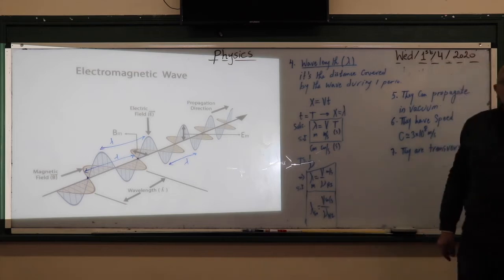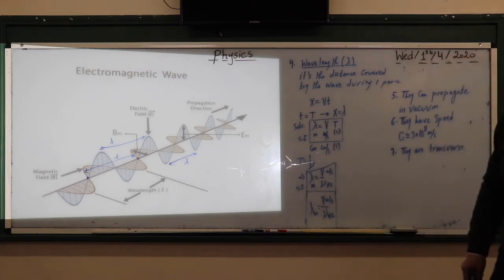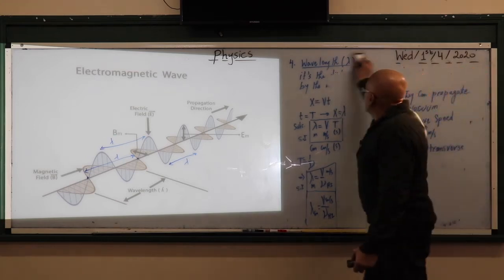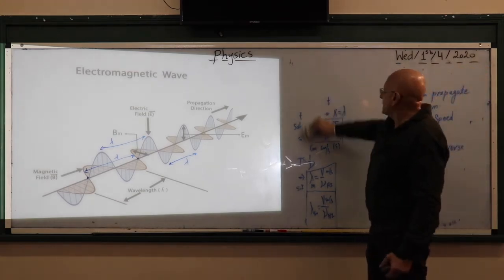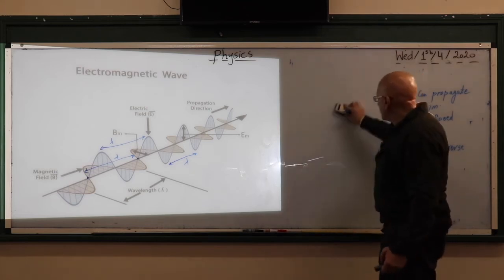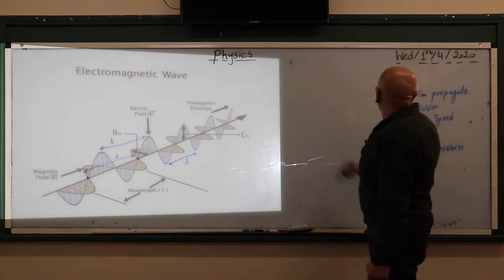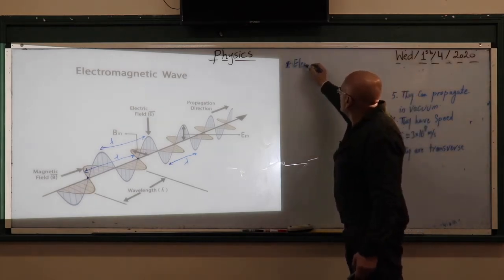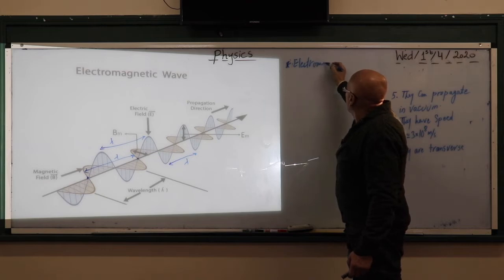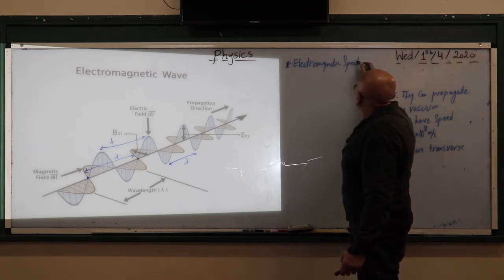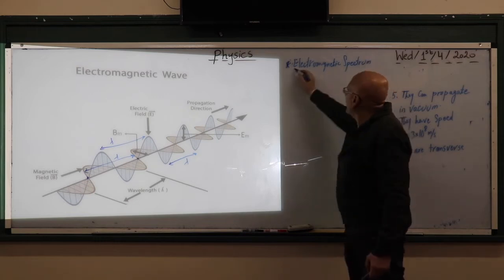What are the electromagnetic waves that exist in nature? You should know them. The electromagnetic waves that exist in nature form what's called the electromagnetic spectrum. What do we mean by the word spectrum?